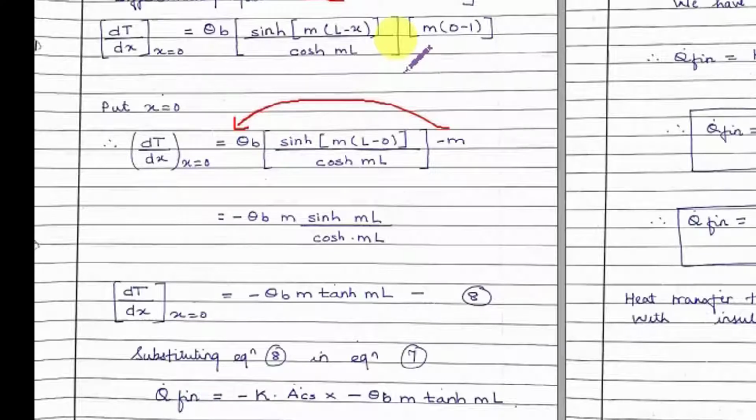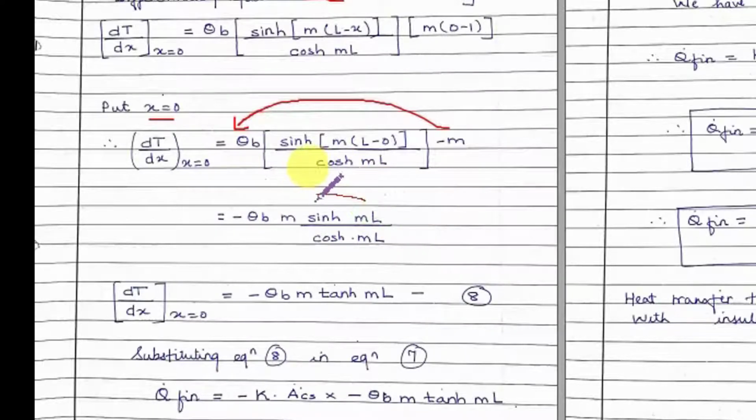Very simple to understand. Why? Because I have put x equal to 0 over here, so automatically this term will be equal to 0, and you are left with only mL. So you get minus theta b m sinh mL divided by cosh mL.